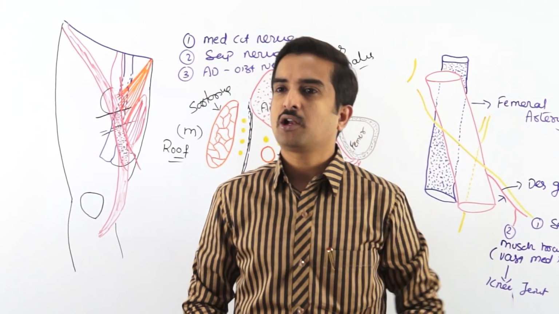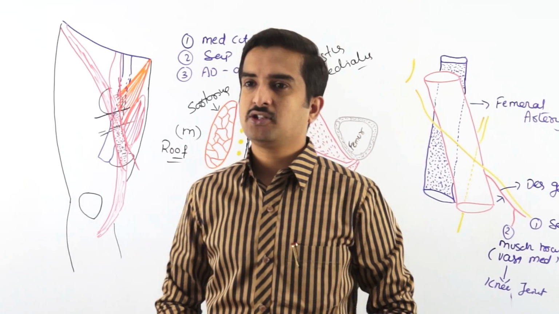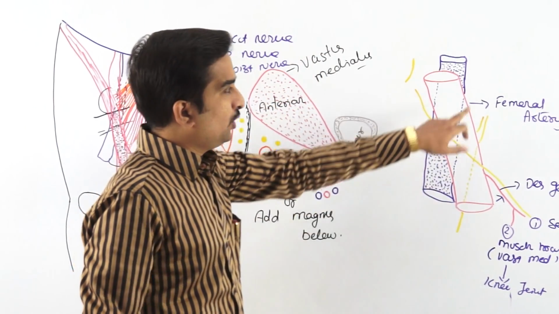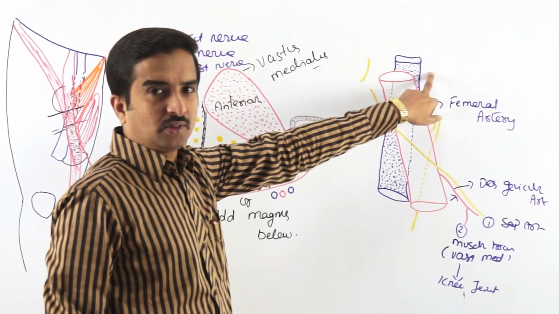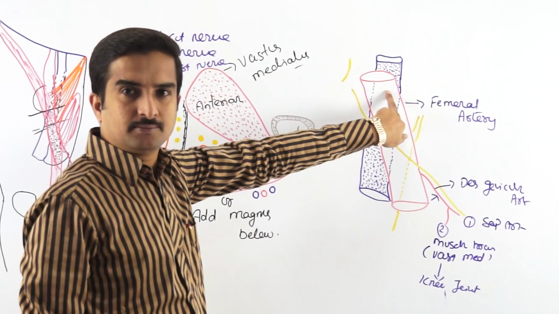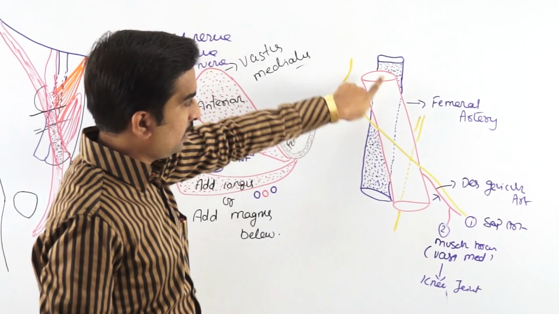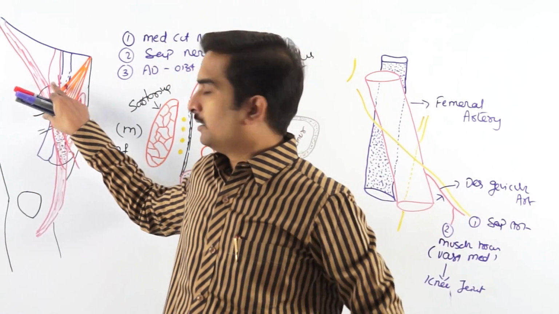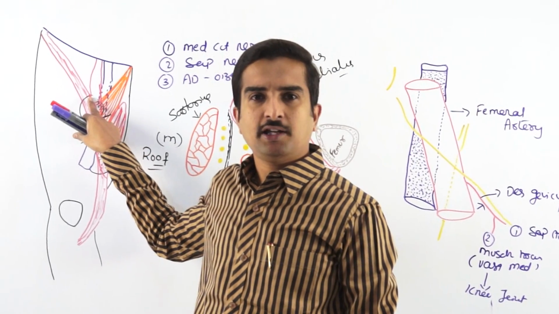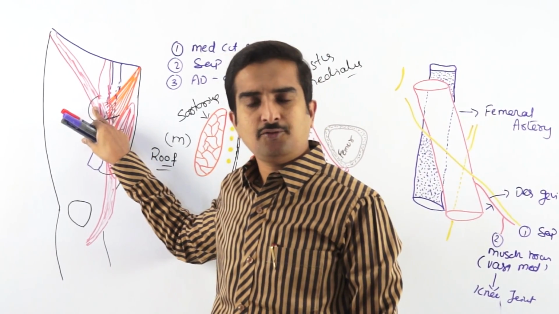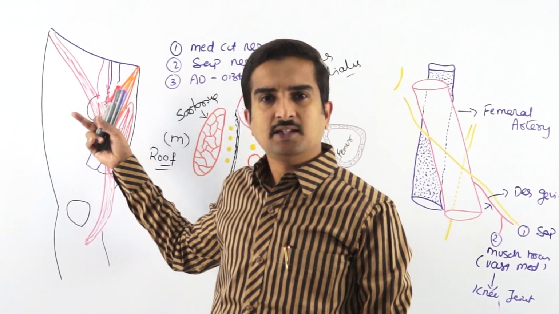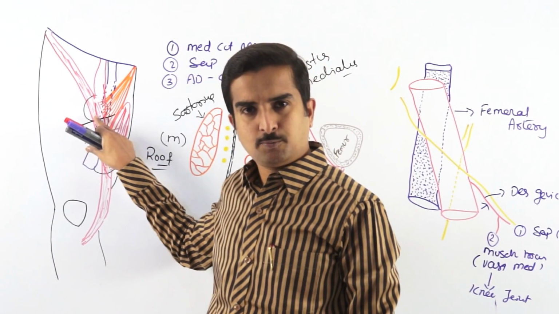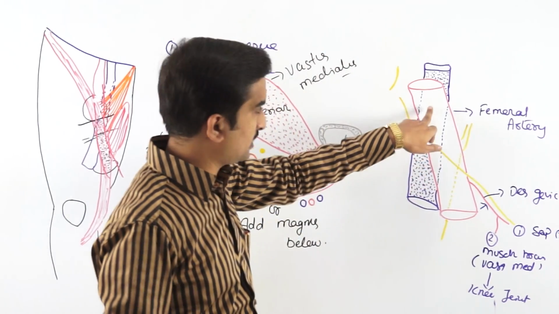Now after the femoral artery, let us see the relations of the femoral vein in the canal. You can see here in the upper part of the canal, the femoral vein is posterior to the artery. That is what I told you, right? At the apex of the femoral triangle only, the vein is posterior to the femoral artery. So that is the reason we can say that in the upper part of the canal also, the femoral vein is posterior to the artery. That's what you are seeing here.